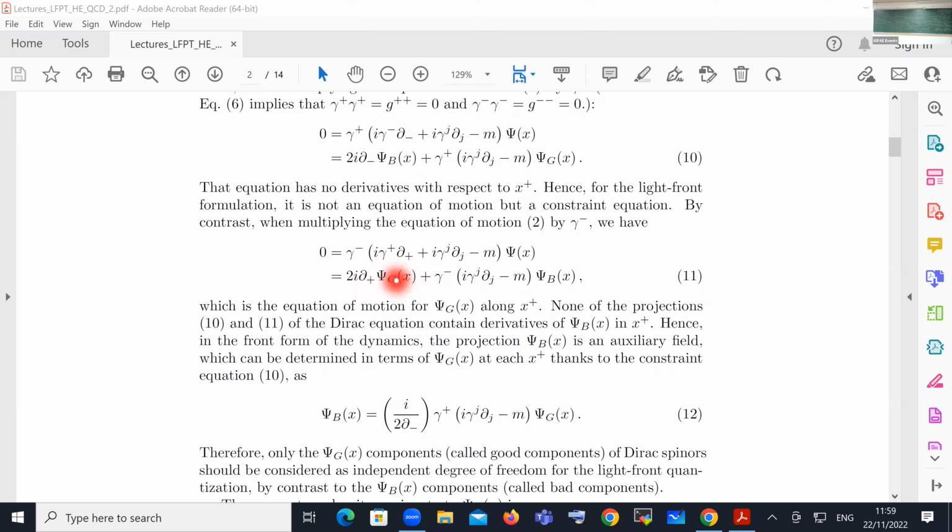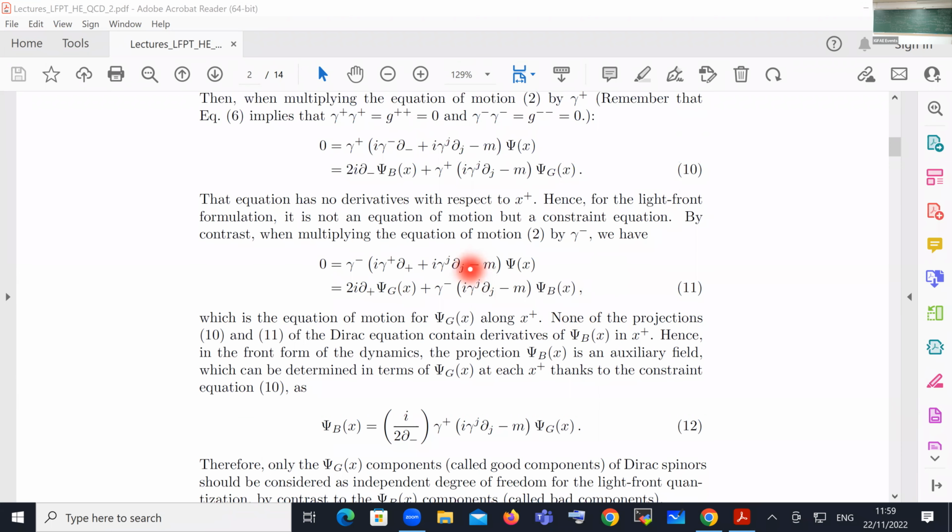In that sense, it means that only psi G is a standard dynamical field, whereas psi B is an auxiliary field. It has no plus derivative acting on it. Because of that, we use this notation where G is for good, so it's a good component of the field, and B is bad, so it's just auxiliary, with no real dynamical content.